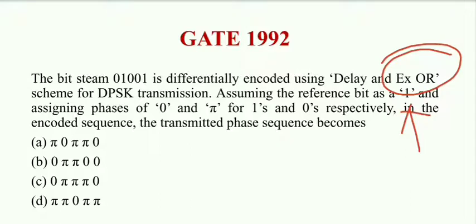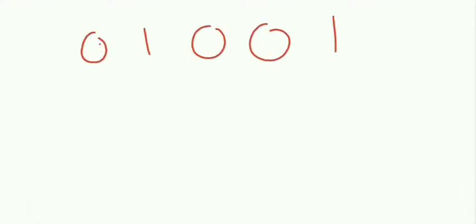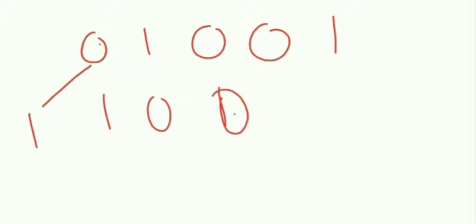Now we solve the problem. What is the data transmitted? 0 1 0 0 1. This is what the transmitter sends. The reference bit is 1. What they told us is to take XOR on the transmitter side. So 0 XOR 1 is 1, 1 XOR 1 is 0, 0 XOR 0 is 0, 0 XOR 0 is 0, 1 XOR 0 is 1.